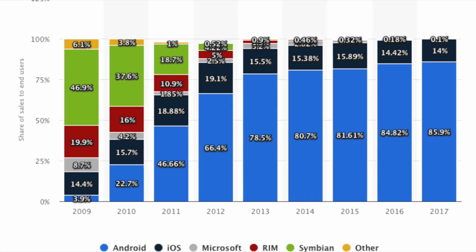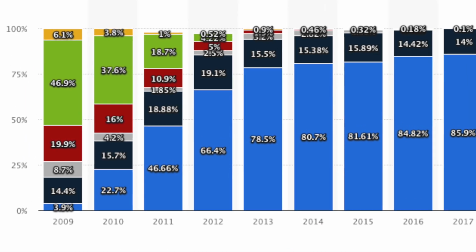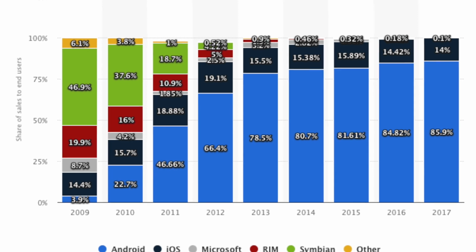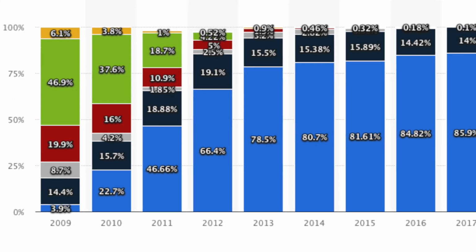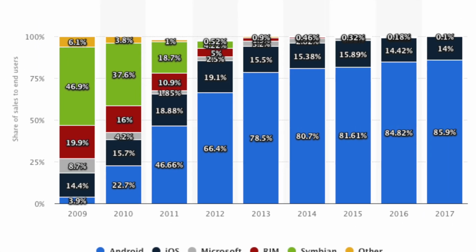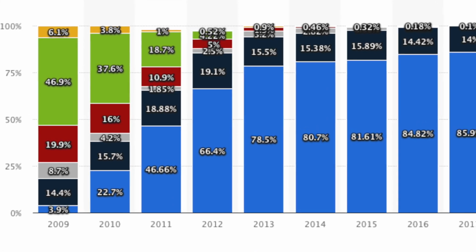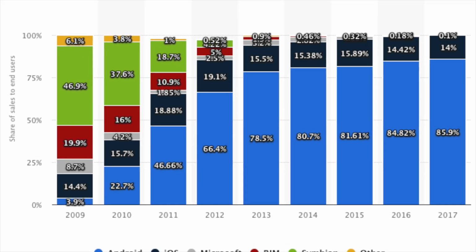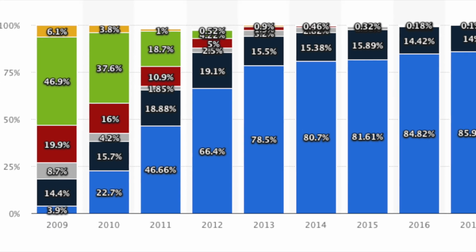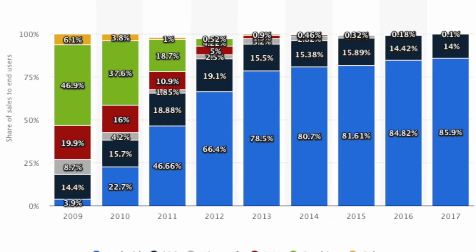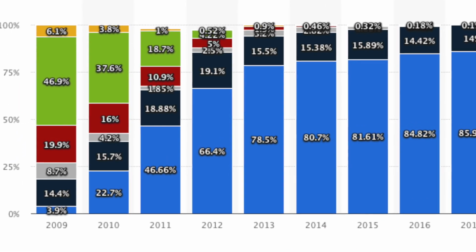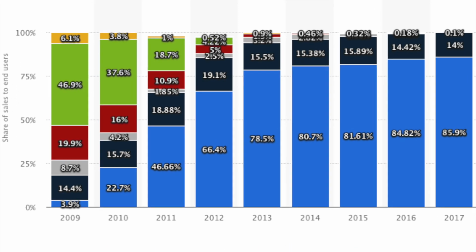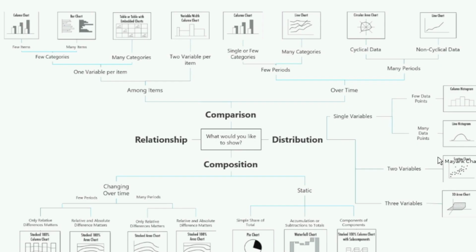In 2009, it is very interesting to see that the Symbian market share was approximately half, 46%, which was then reduced to zero in 2017. So this is the overall impact of how people are using their smartphones.